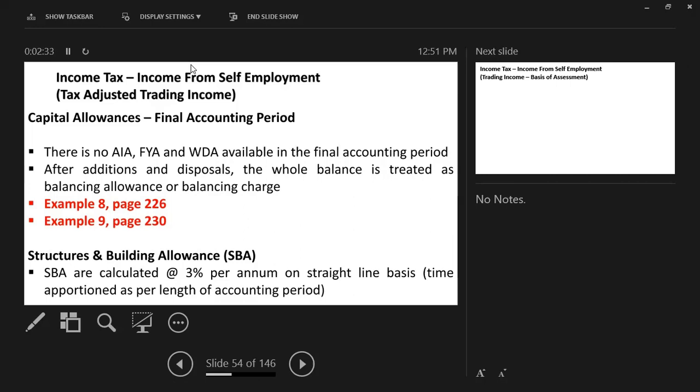If the cost is 10,000, then 3% means 300. So we'll take only 3% of whatever the cost of the building is, and we will claim that fixed amount each year as capital allowance. Whatever the allowance is, this is for the year. If the accounting period is less than a year, we will apportion it accordingly, according to the number of months.